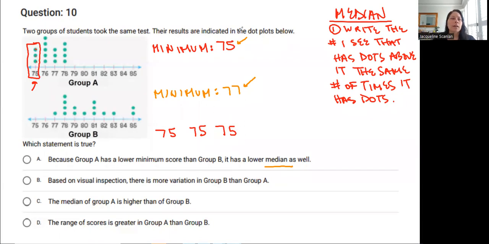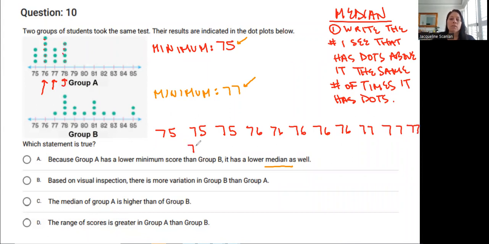Now I'm going to go to the next set of dots. Now I'm going to look at 76, and I see 1, 2, 3, 4, 5. So I have to write down the number 76 5 times. Now I'm looking at 77. There are 3 of them. So 77 3 times. And now I'm looking at 78, and there are 1, 2, 3, 4 of them. So I'm going to write 78 4 times.